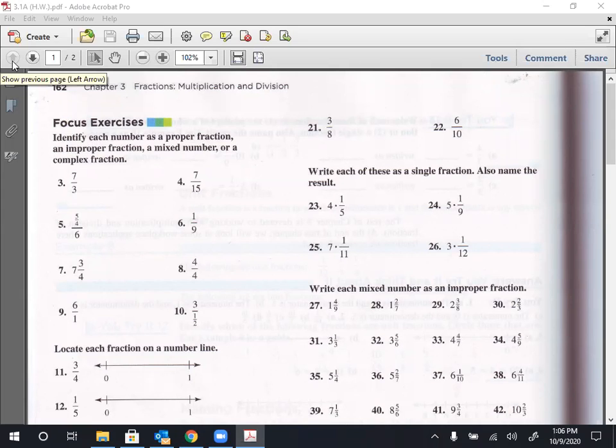Number 23, write each of these as a single fraction. How would I do number 23? What do you think I would do there?